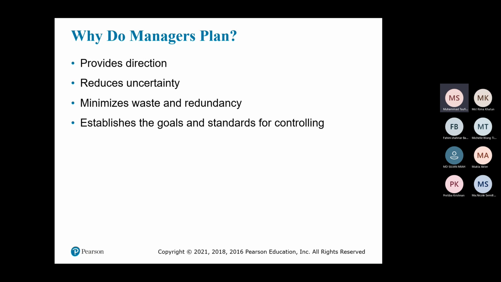You can reduce your resource waste, because your employee will be unlikely to do the wrong thing, because you clearly give them direction. And then they also will not do the task twice. So you can reduce your resource waste and the job redundancy.